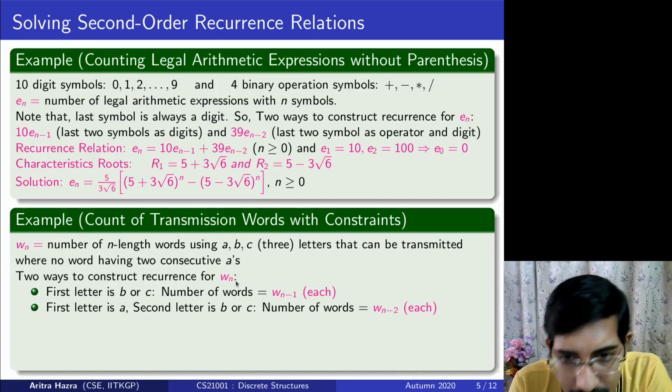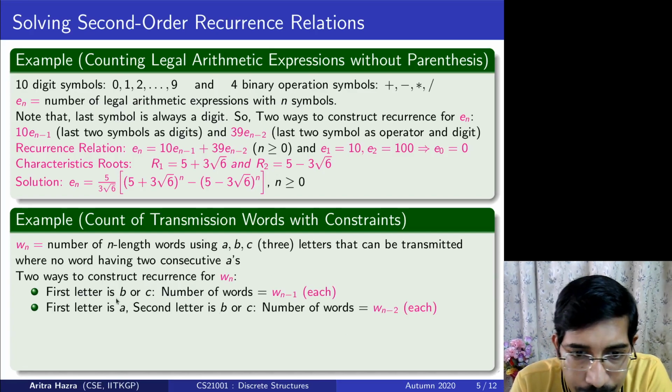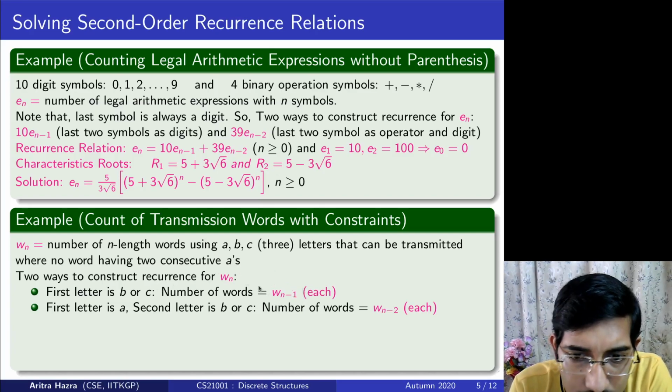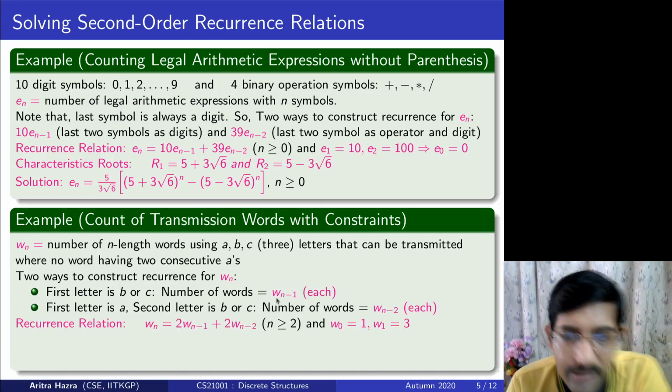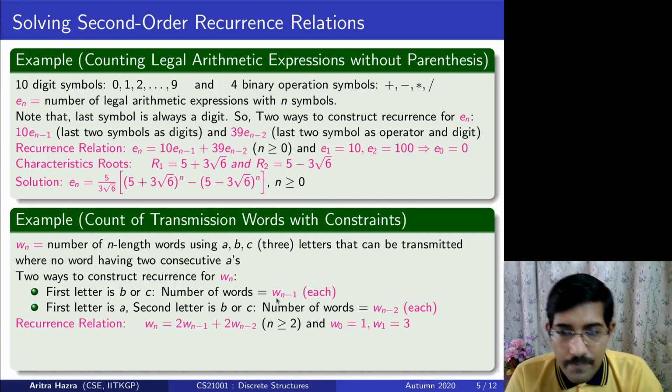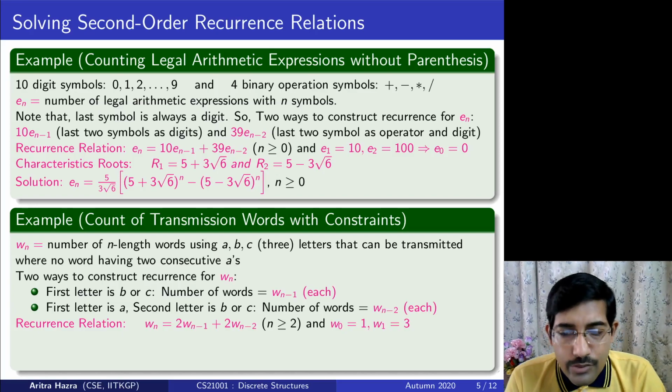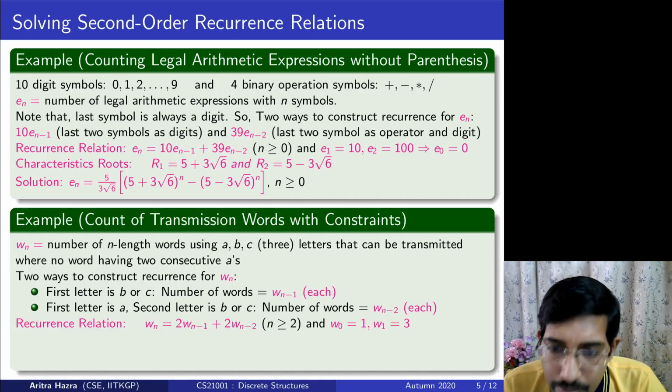So see that Wn can be contributed by putting the first letter as A, with the following letter as B or C. That is 2 times Wn minus 2 contributes to Wn. And also putting the first letter as B or C, that is 2 times the count of Wn minus 1 contributes to Wn. Hence the recurrence is like this. So Wn equals 2Wn minus 1 plus 2Wn minus 2.